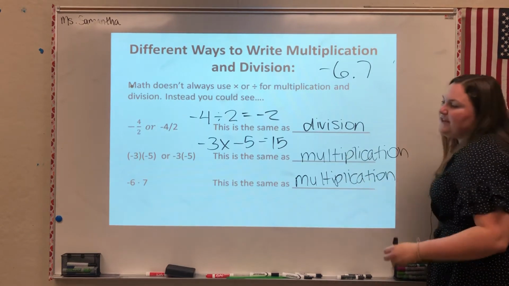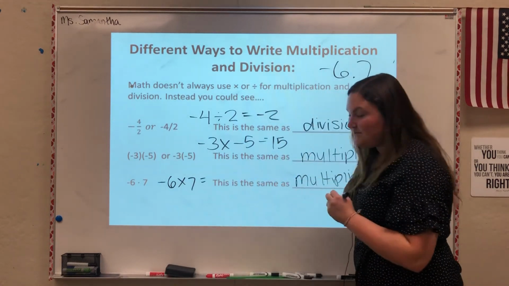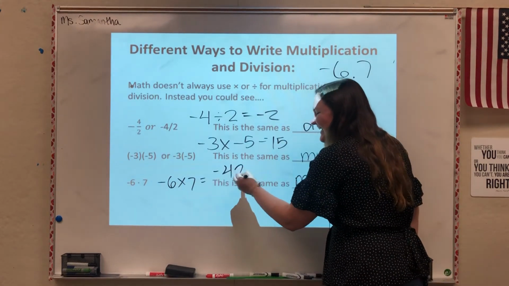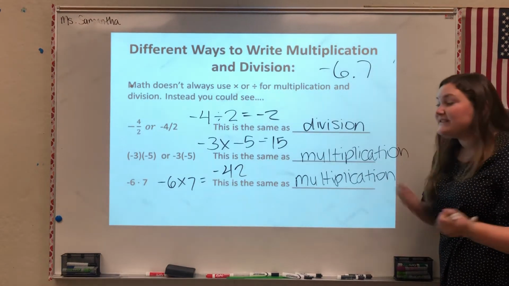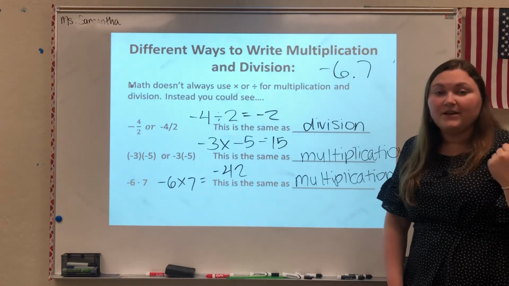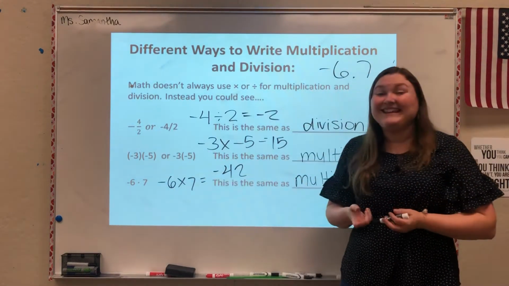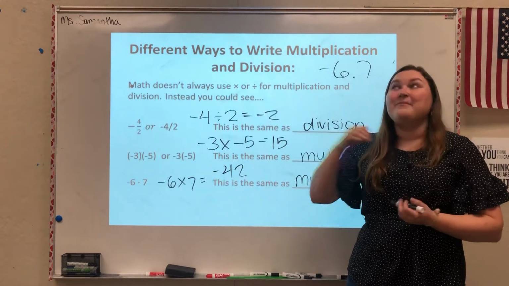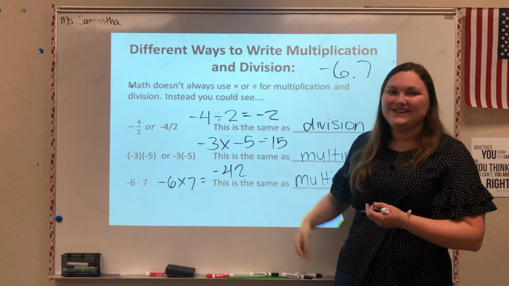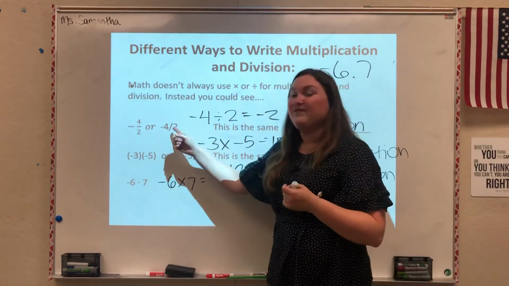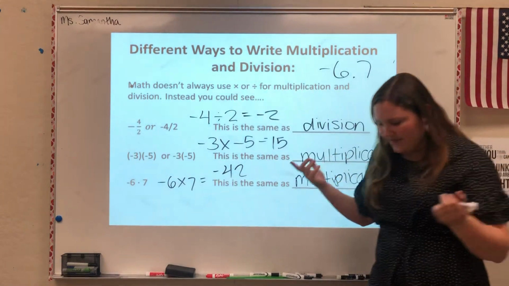So that problem is saying the same thing as -6 times 7, which for fun equals -42. So the rules are still going to be the same as what we were doing a moment ago. The new part to this is just the different ways you can see them written. And like I said, we really want to learn this because the further in math you go, the less you use the multiplication and division sign, and the more you see it written with fractions or parentheses or that little multiplication dot.